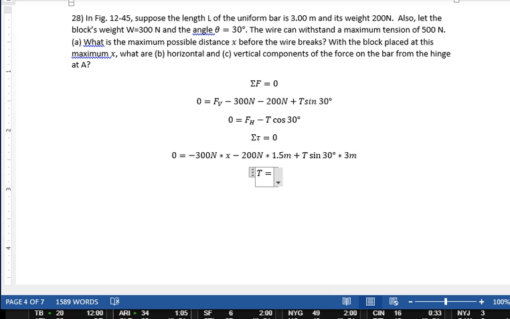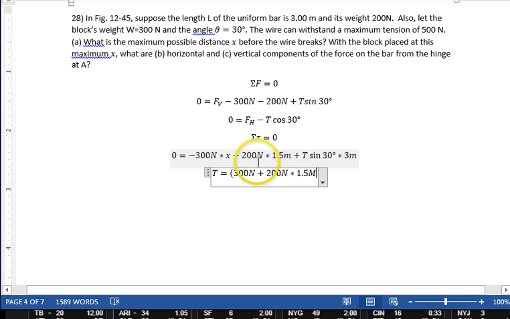Right, it's our only unknown. So the tension is 300 newtons times x plus 200 newtons times 1.5 meters. Sorry. Tension is this.